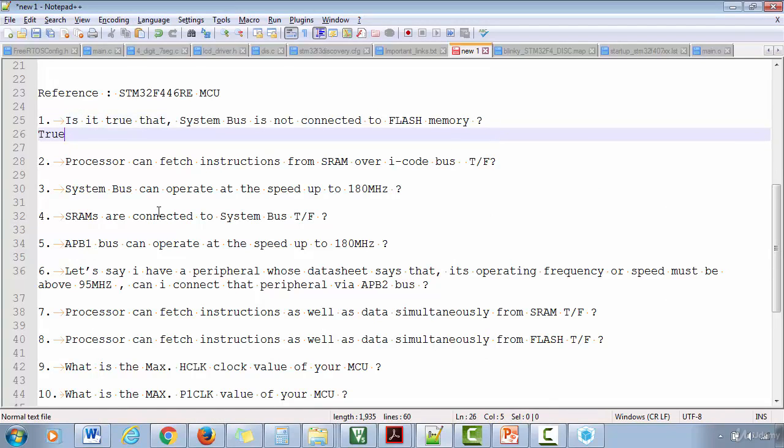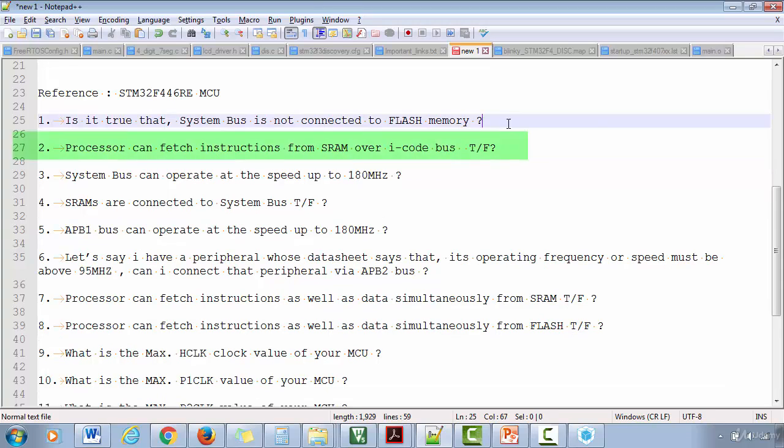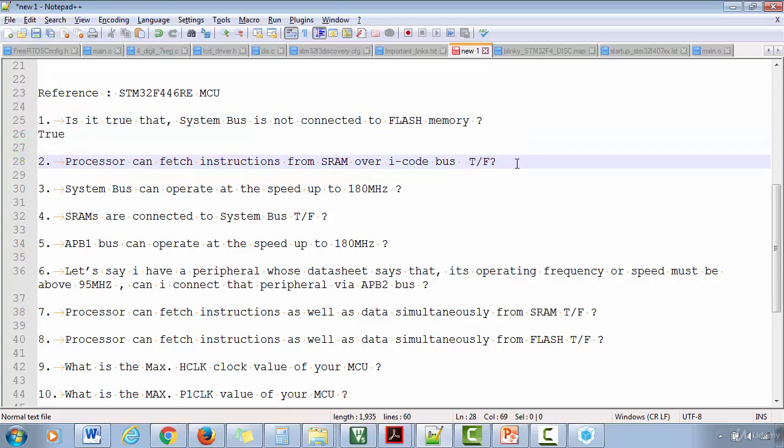That's true. Now the second question: the processor can fetch instructions from SRAM over the I code bus interface. True or false? What is your answer for this?